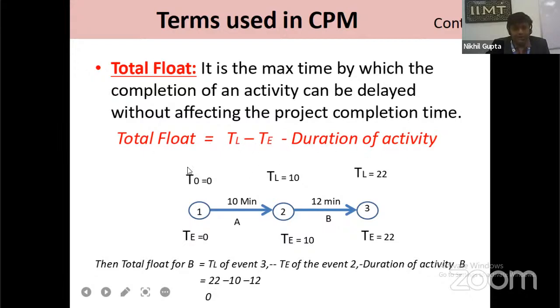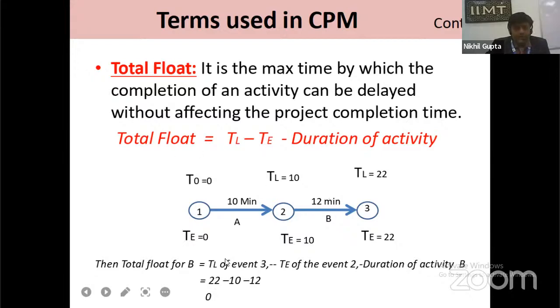Here, in this example, we calculate TL. This is TE for 0, 10, 12. This is TE 0, 10, 22. This is the activity time, 10 for activity A and 12 for activity B. If we calculate the total float for activity B, what is the total float?